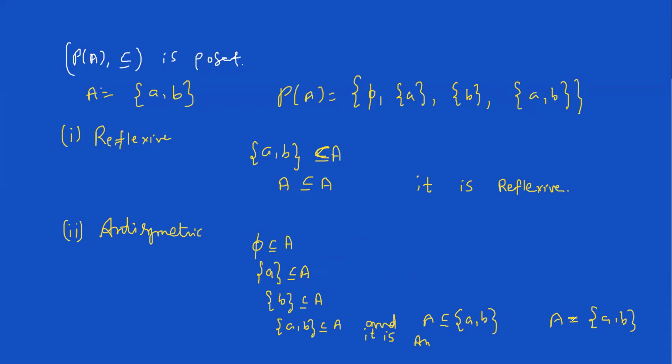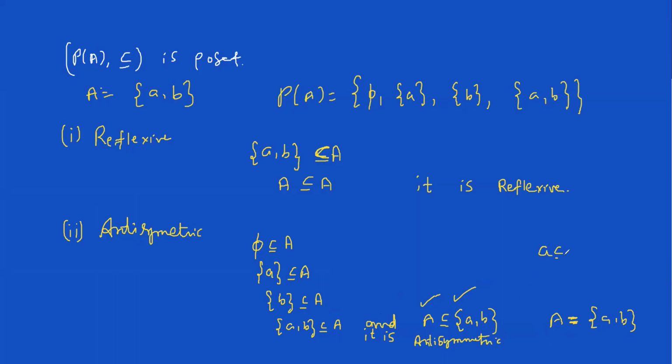A comma B means what? This and this are equal. Then only they are subsets of each other. No, no, no. See, what is the definition of antisymmetry?